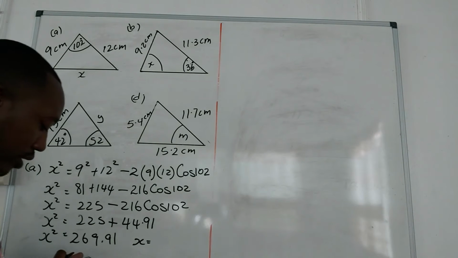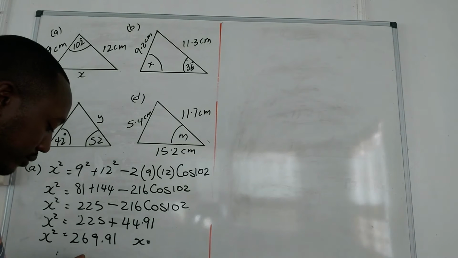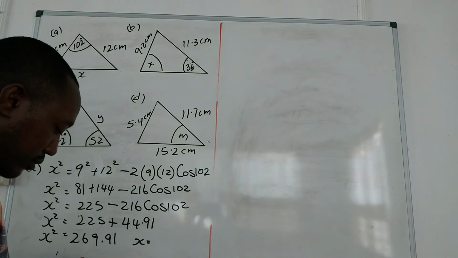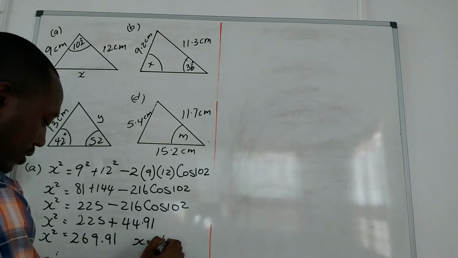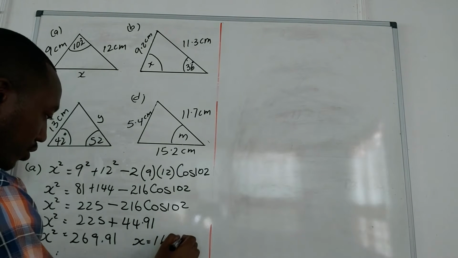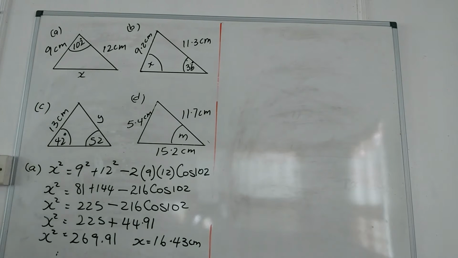And the square root of our answer is 16.43 cm. Right? X will be equal to 16.43 cm. Alright, so that is our answer for A.